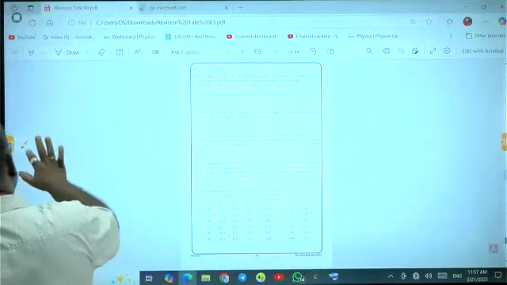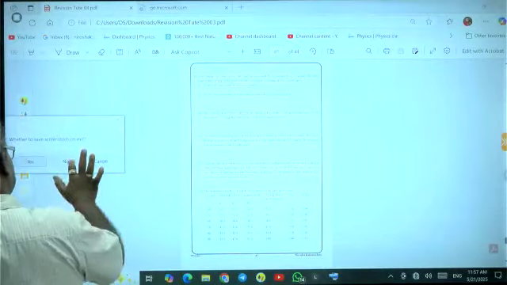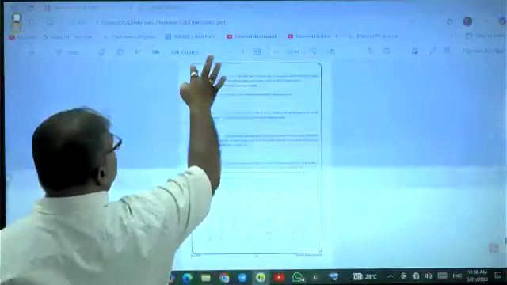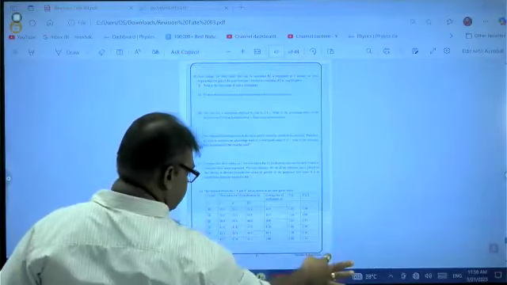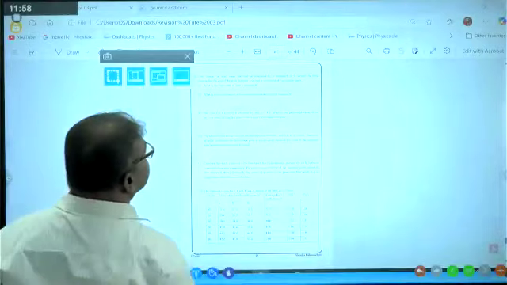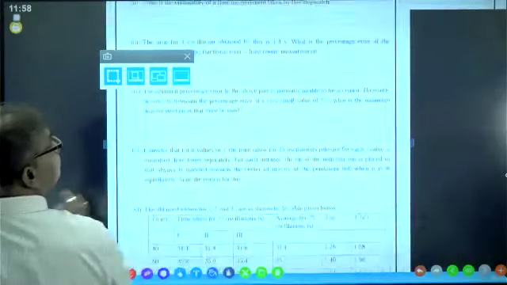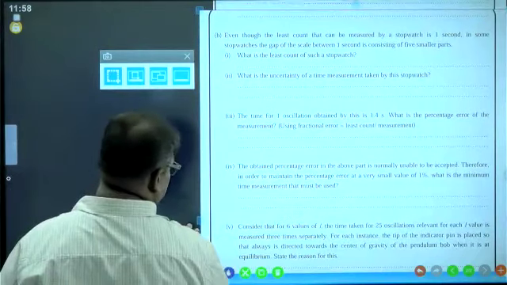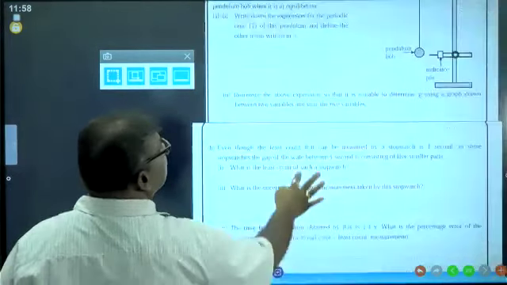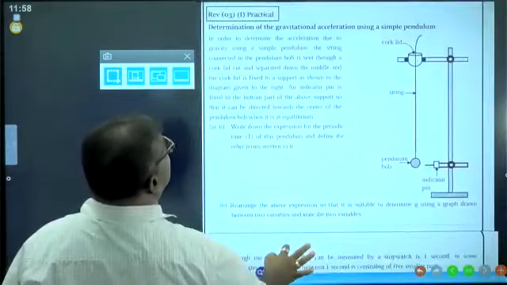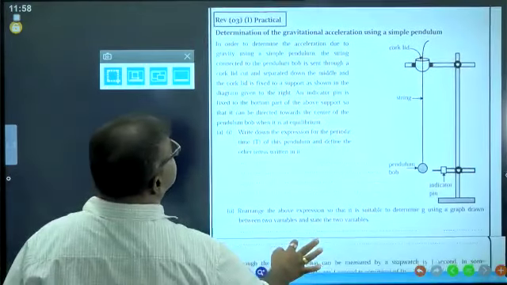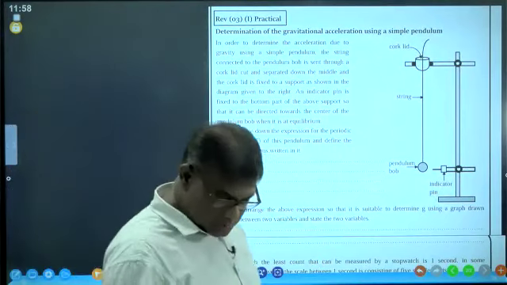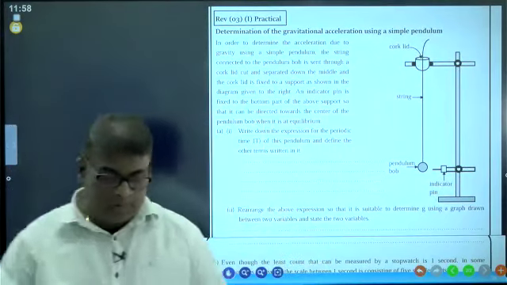Right. Can we check the second experiment? Simple pendulum experiment, right? Okay. Practical number 1.